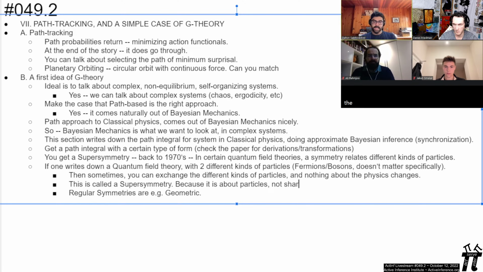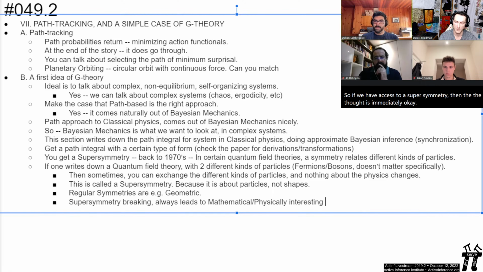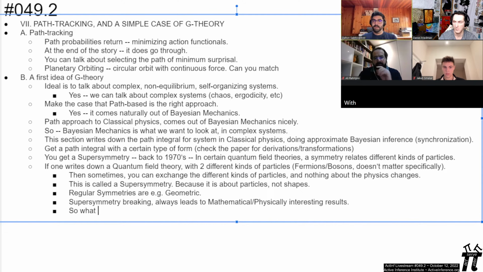The interesting thing is supersymmetry breaking always leads to mathematically interesting observations and physically interesting observations. So if we have access to a supersymmetry, then the thought is immediately, okay, what can I say with this? I should keep an eye out for something interesting happening when this supersymmetry breaks.